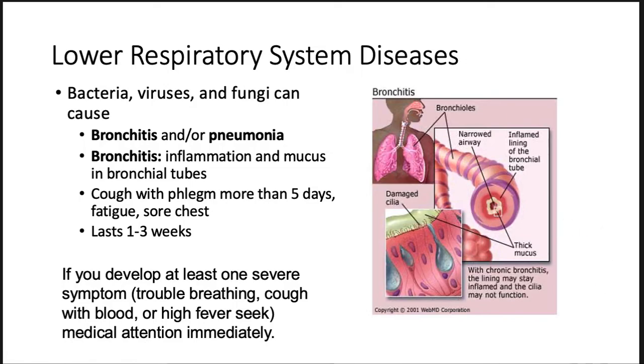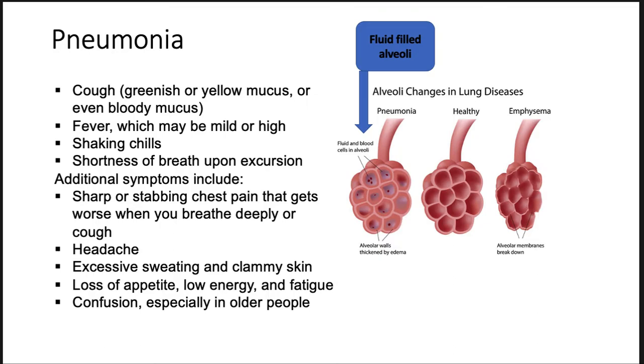So pneumonia, you typically also have a cough with phlegm, and this phlegm will be green or yellow, and it can also be bloody. And you typically have quite a fever, anywhere from mild to high fever, and it may fluctuate between the two.